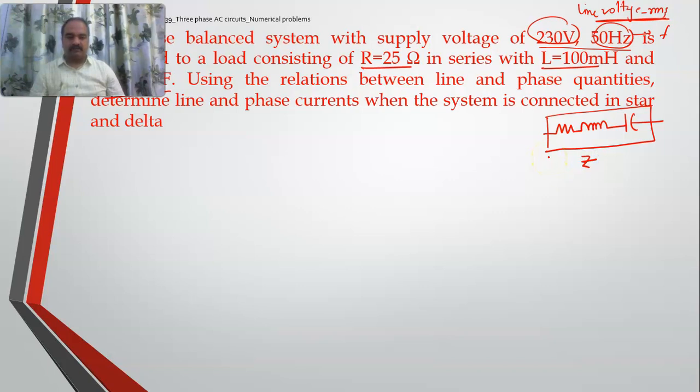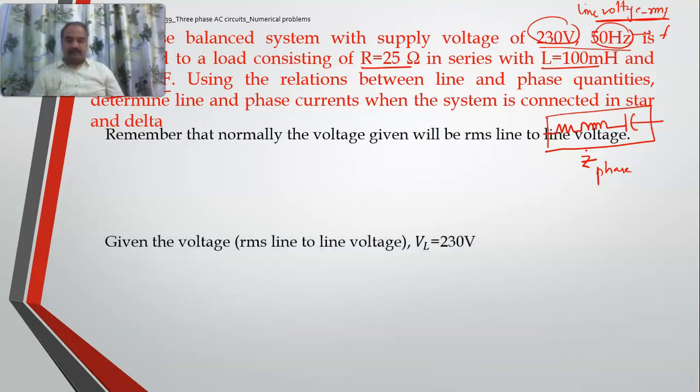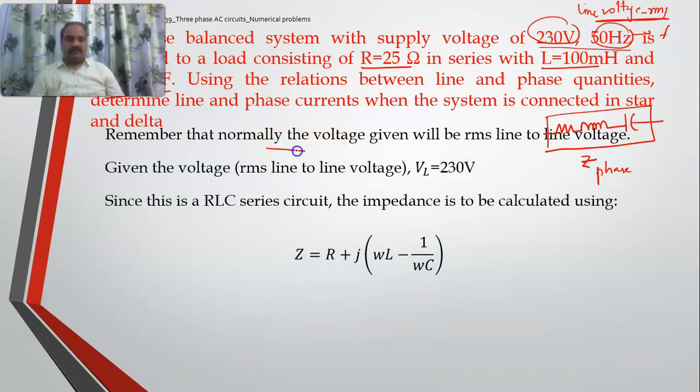Okay, so now you do have a three-phase star connected network and a delta connected network. In each phase you will be having a combination of R, L and C, and you are supposed to determine the line currents and also phase currents. So before going for that, let's note down the values which have been given. Normally the voltage given will be RMS line to line and it has been given as 230.